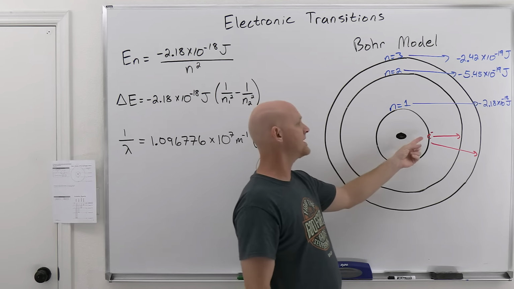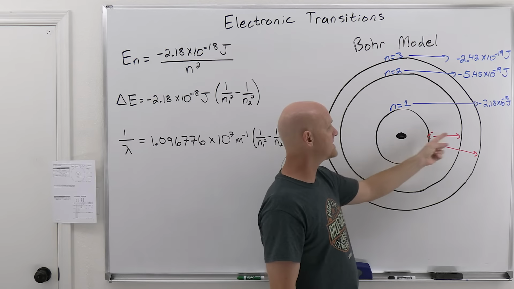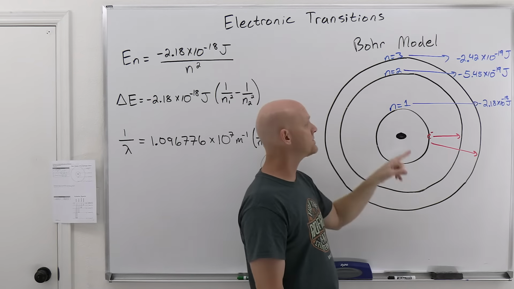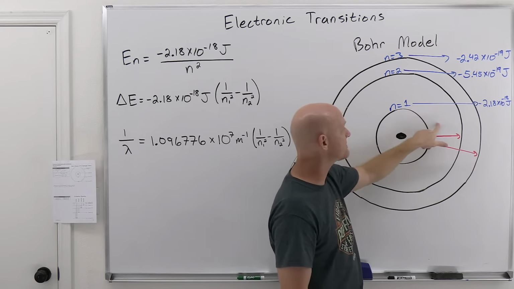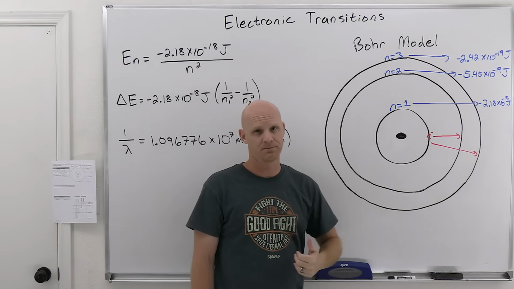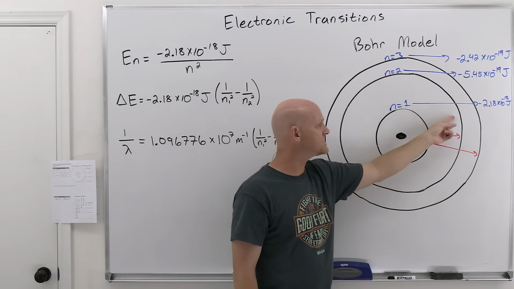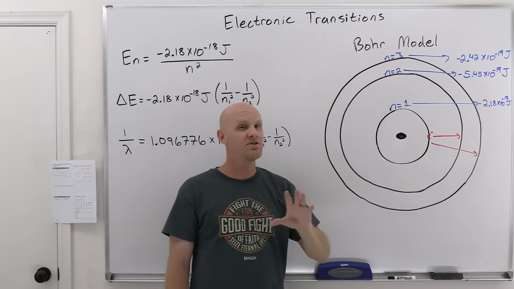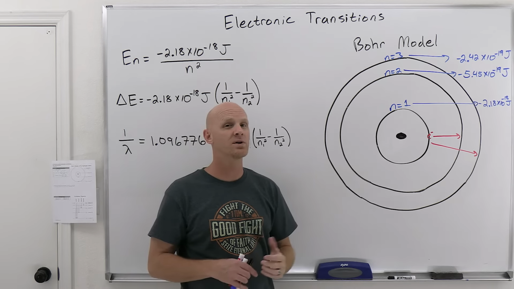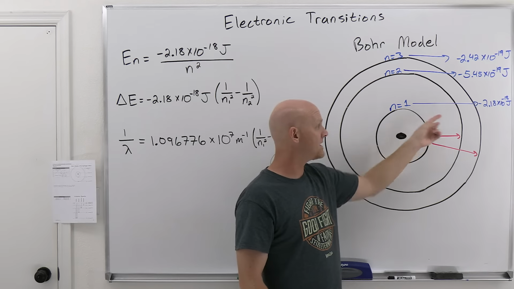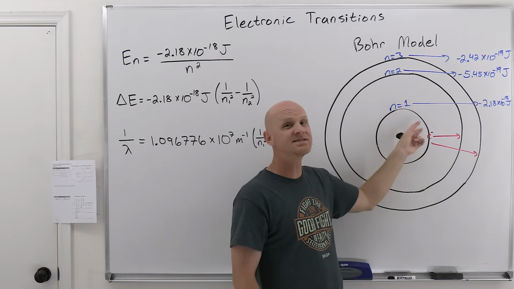And so it turns out for an electron to go from n equals 1 to n equals 2 orbit, it has to absorb exactly that difference in energy. And so what's interesting here is notice we have these orbits, but there's no orbits in between the first and the second. And this is what was revolutionary for Mr. Bohr. He said there's only orbits for these electrons at certain distances away.